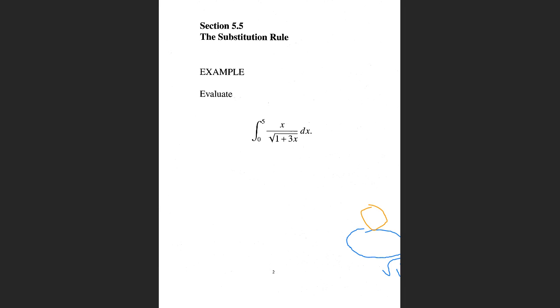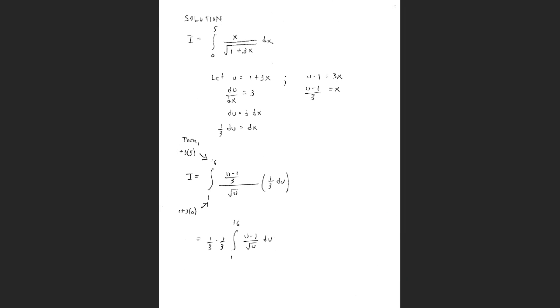Okay, and then also, incidentally, the limits would also have to be changed, because those limits of 0 and 5 are limits with respect to the variable x. We need to find new limits with respect to the variable u. Okay, so let's go to the next page.